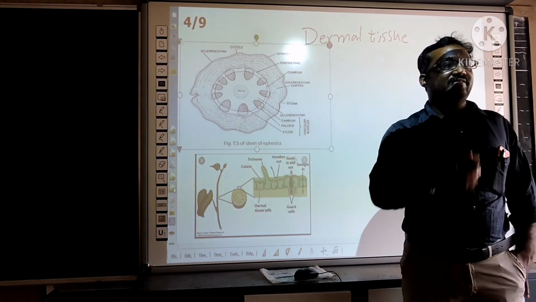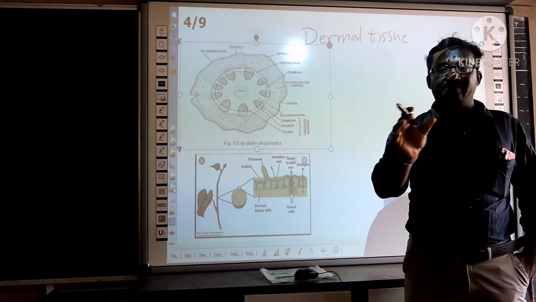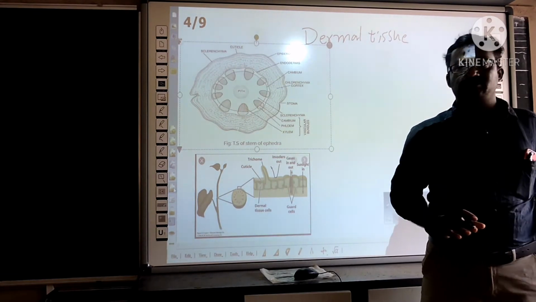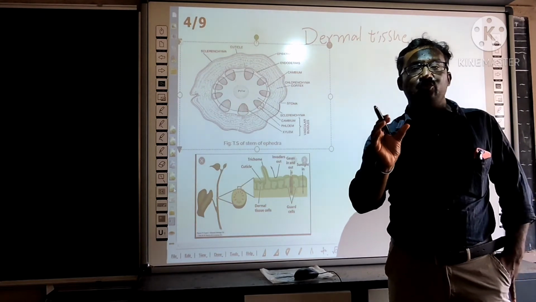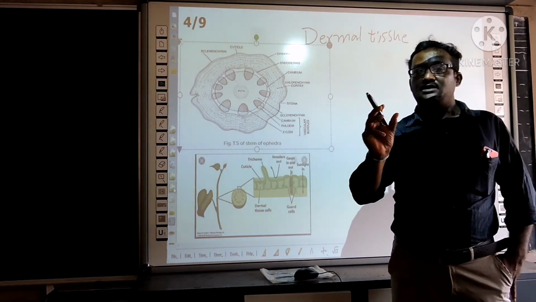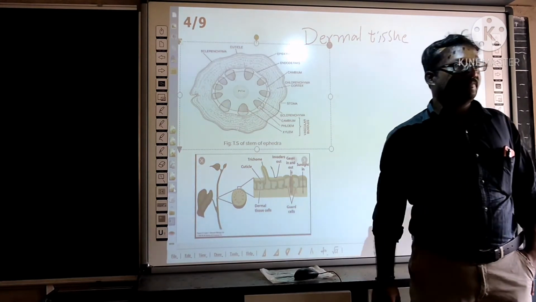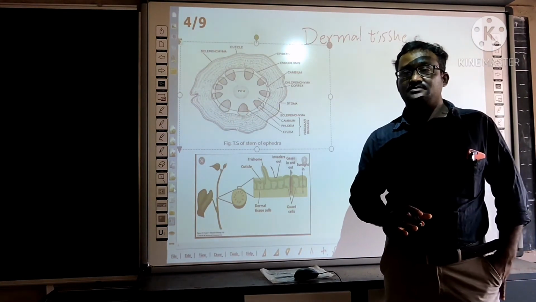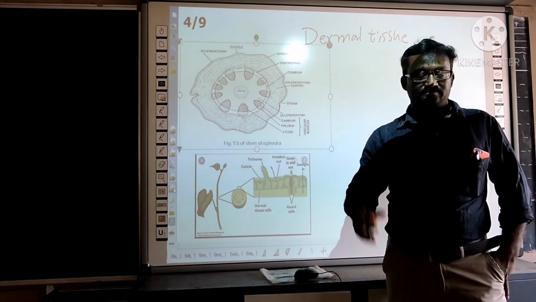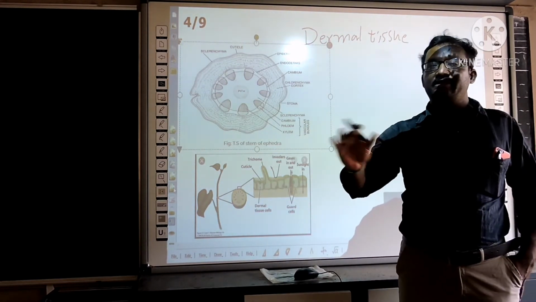In the previous class you have done some activities: onion peel, right? And cheek cells of humans, and cells in the rheo leaf, the cells in the betel leaf. They are all dermal tissue, the outer covering of the plant body.